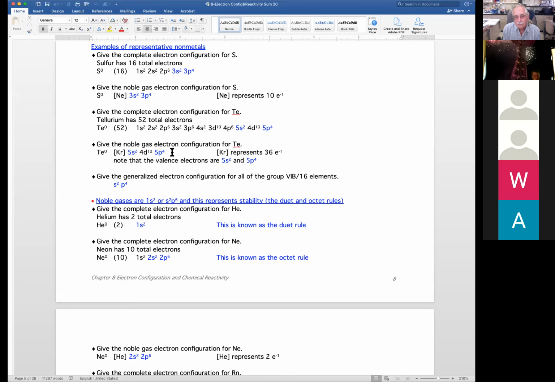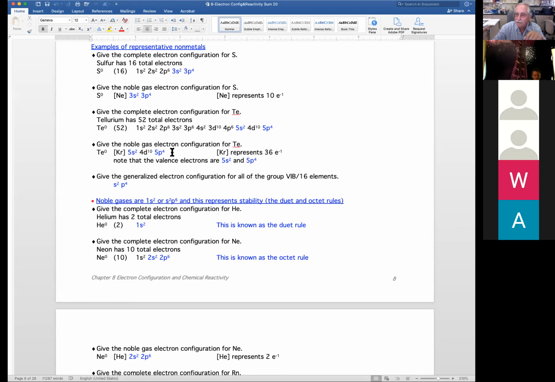So if your valence electrons are s2p4, and that's shared with all the elements in that group, they're all going to behave the same. So I can look at any one of those elements from that group and say, oh, you're s2p4. I can almost predict what you're going to do.